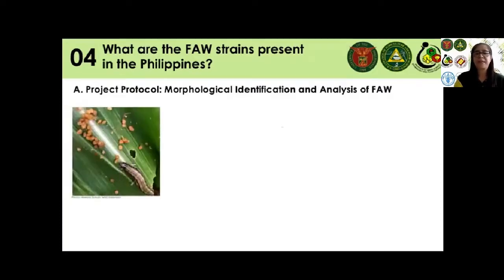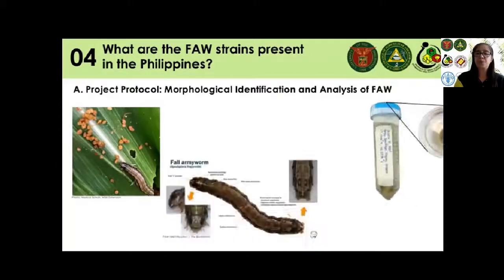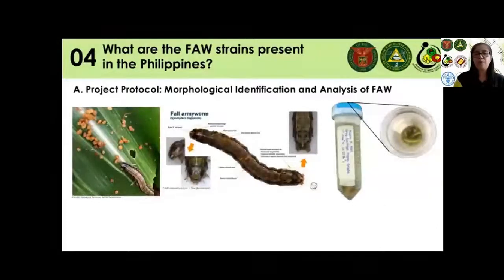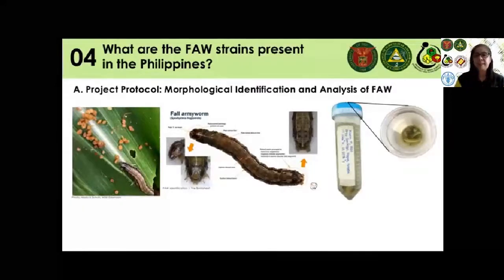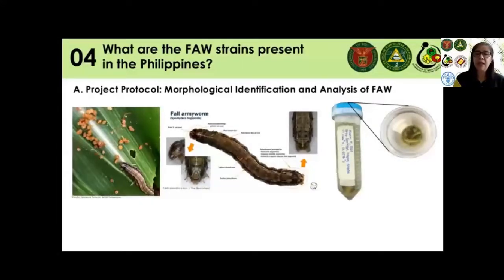So larval specimens were collected from corn and rice growing areas in the country in collaboration with the National Crop Protection Center, the Bureau of Plant Industry, and the regional crop protection centers. These were preserved and were first morphologically analyzed and photo-documented in the insect taxonomy laboratory of Dr. Jessamine Adorada.